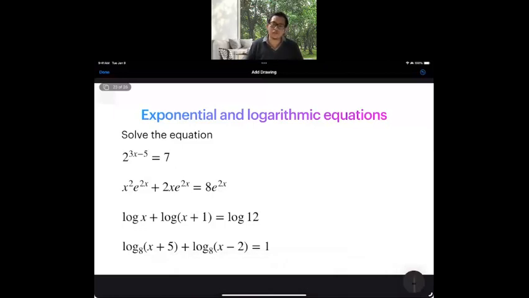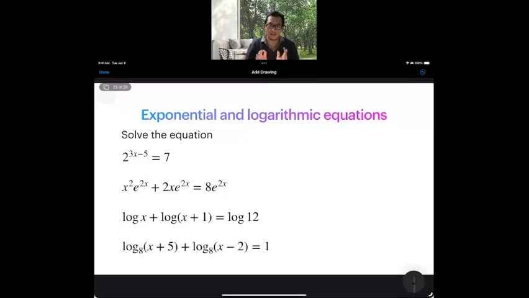So the basic idea: whenever you see any exponent and your unknown x is in the power component of that exponent, what you should do is make sure that component comes down. How to make that happen? We add log. So we change the expression by adding the log.